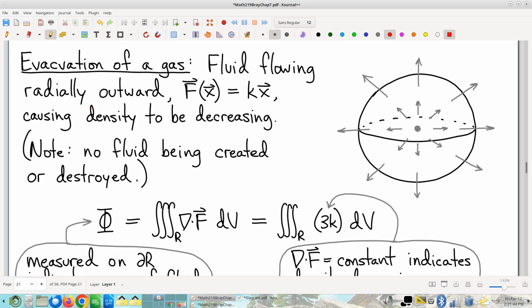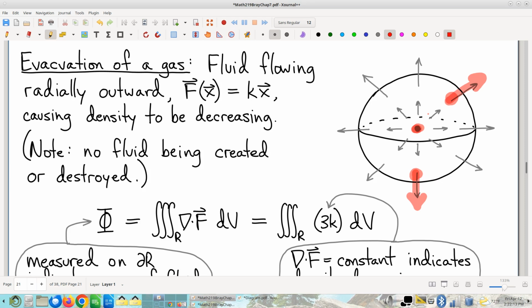The field that I've drawn here is a picture of how the gas would flow if it were expanding. The idea being that wherever you happen to be, you're going to be flowing outward. Except, if you're at the center of that gas cloud, then as the gas expands, in some sense the center doesn't move.